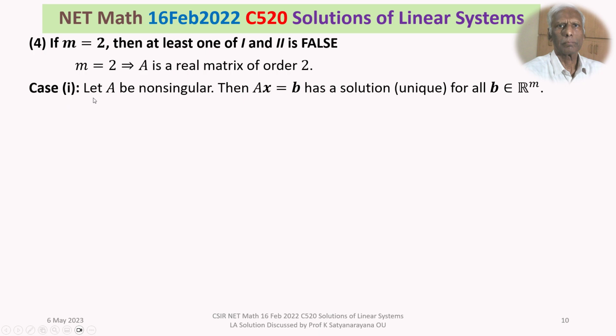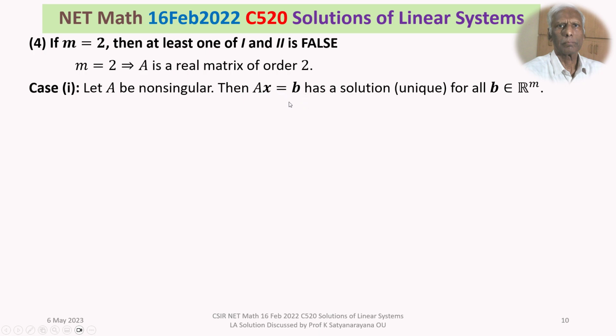Let us first consider case 1. Let capital A be non-singular. Then Ax is equal to b has a solution, and that too a unique solution, for all b belongs to R power m. How? Because A is non-singular, Ax is equal to b has a unique solution. What is that solution? x is equal to A inverse b.